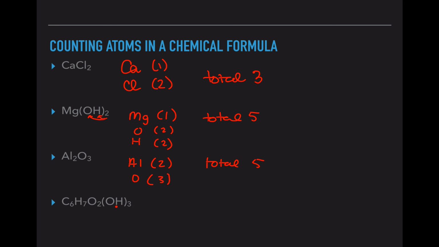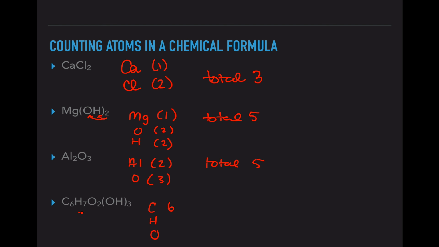And then this long one at the bottom, C6H7O2(OH)3, we're going to list out the elements in order. So C, H, O. And this O and this H can already be accounted for in this list, so we're not going to write it a second time. C has a total of 6 atoms.